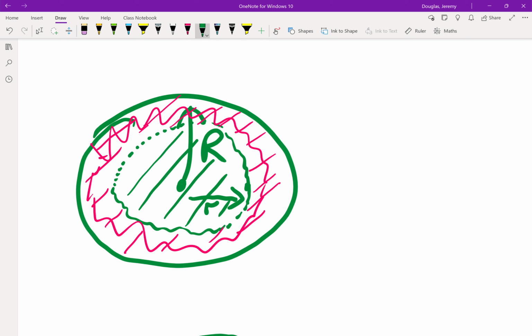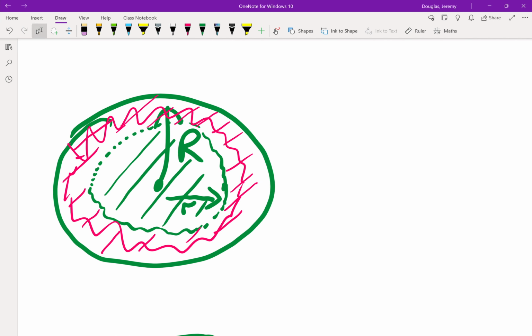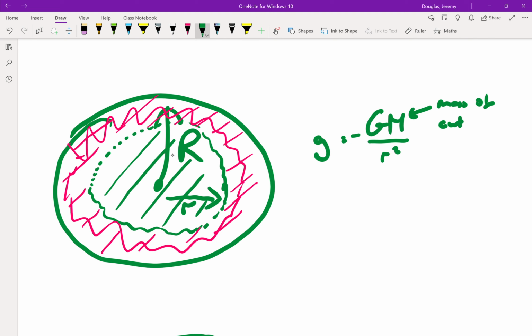So, what is the field strength? Well, the field strength is going to equal minus Gm over little r squared. But this m is going to be the mass of the cut down sphere. So how big is that?